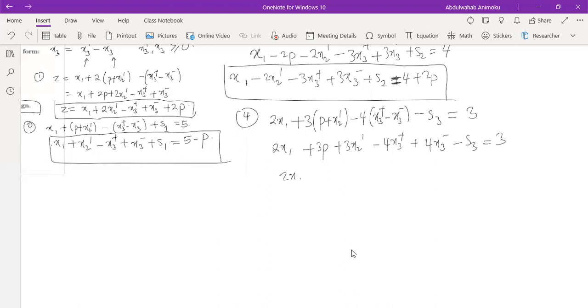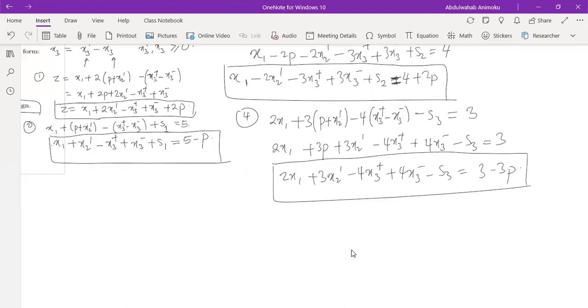So rewriting finally, we're taking 3p to the other side. We have this. Okay. Good.